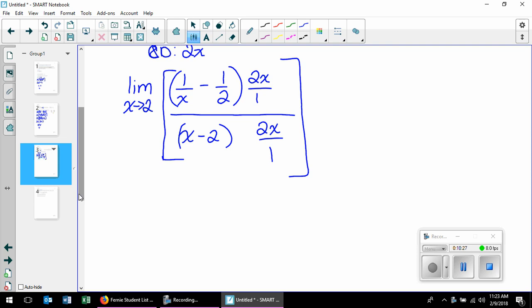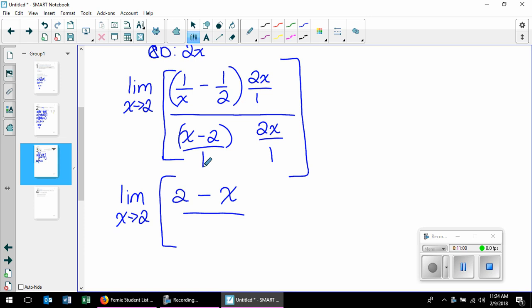So if I multiply 2x by this, what do I get? First term on the numerator, I'm left with just 2, right? And that's going to be subtracted. I multiply 1/2 by 2x. What am I left with? Just an x. And then on the bottom, I'm going to leave them again in factored form.